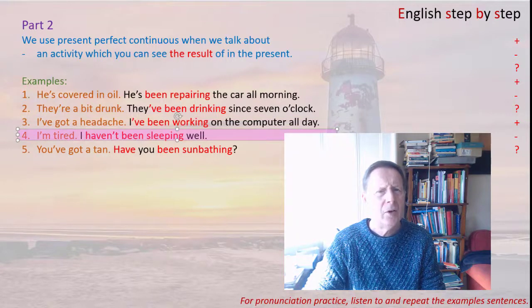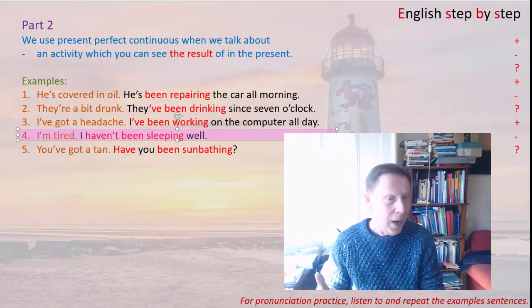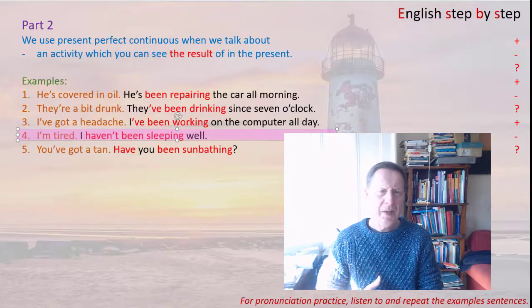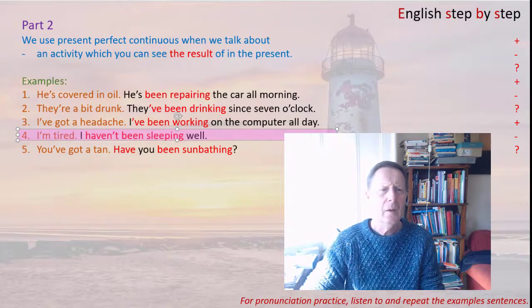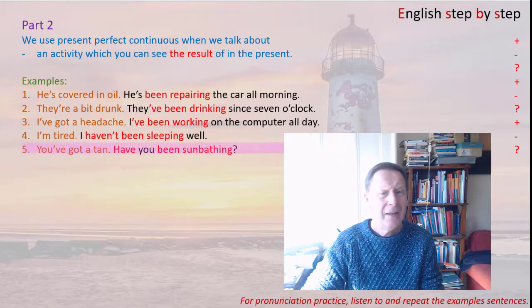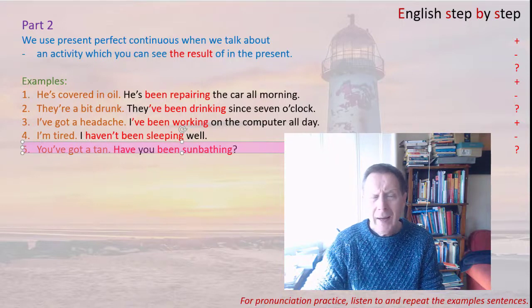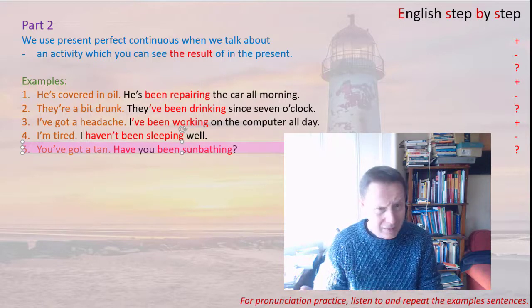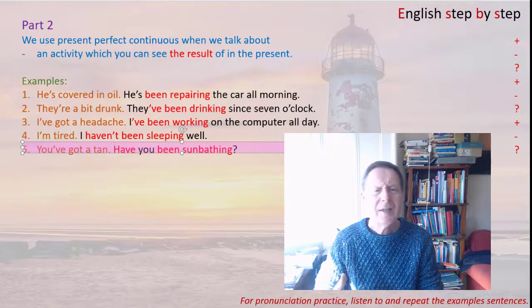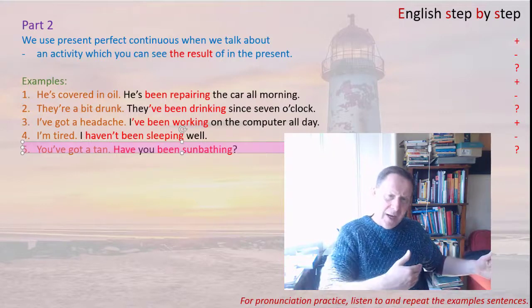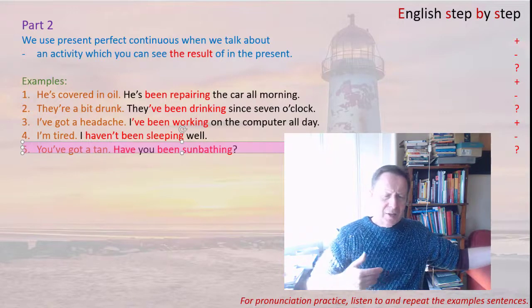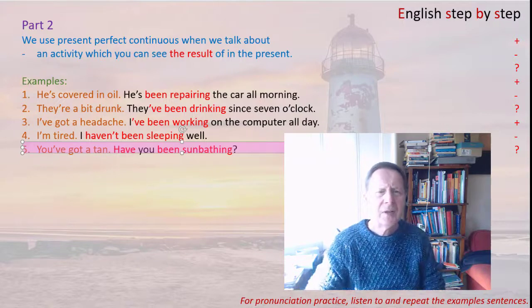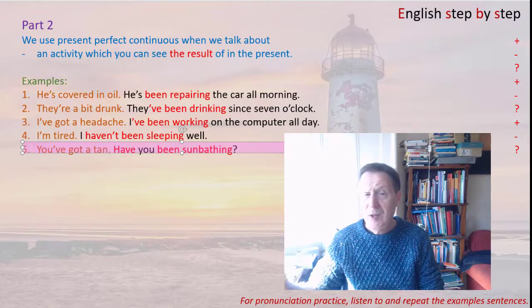Next one, the result is I'm tired. Why? I haven't been sleeping well. Number 5, you've got a tan. Why? Have you been sunbathing? So in this case, it's a period of time again, started in the past, continues up until the present, and maybe it will continue in the future.